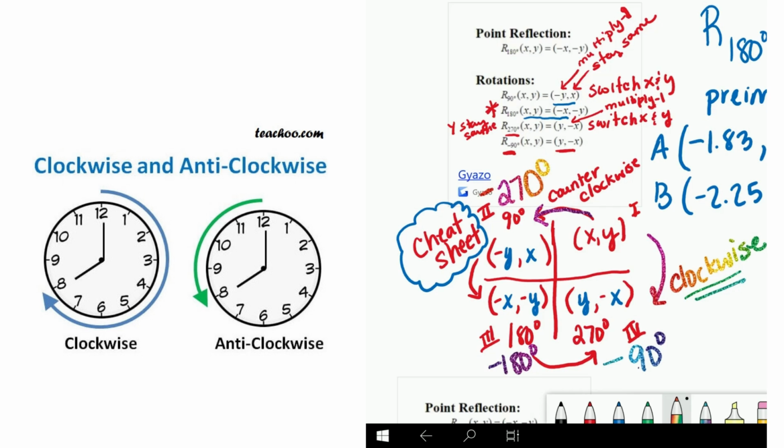If I hear negative 270 degrees, that means I went 270 degrees in the clockwise direction. So we use the negative to determine that it's clockwise. If there is no negative, it was counterclockwise. That's just a review of the lesson we had.